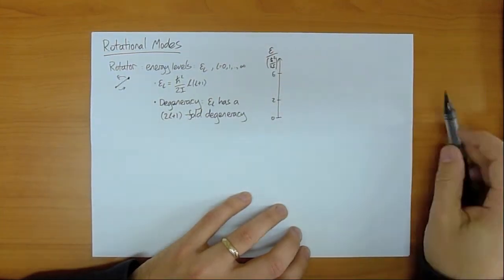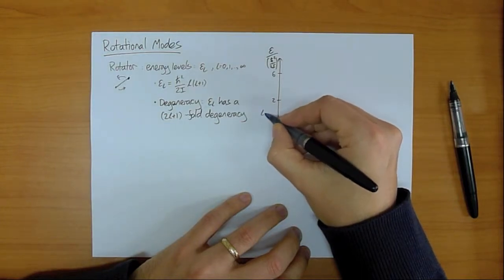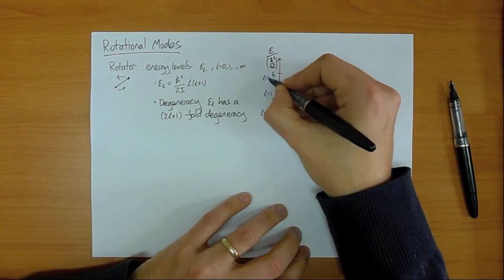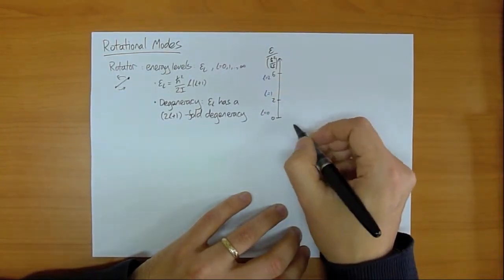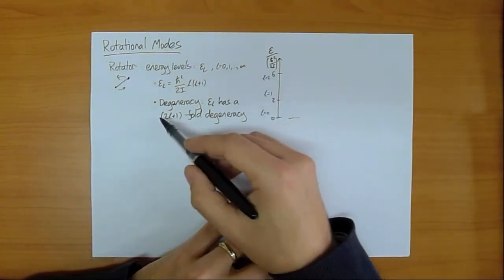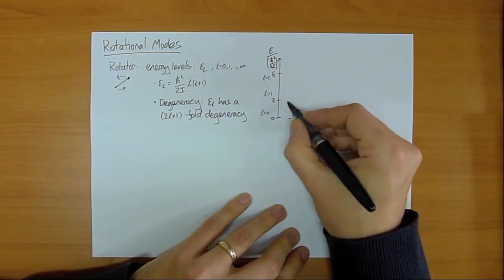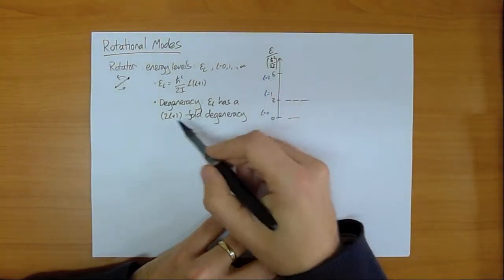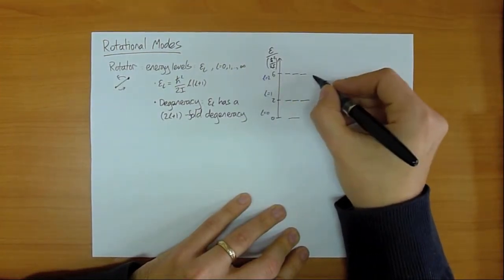So these points correspond to L is 0, L is 1, and up here L is 2. The ground state is non-degenerate, there's just one level there. The state where L equals 1 has a 2L plus 1, that's a 3-fold degeneracy, so there are 3 levels there. When L equals 2, that gives you 5, so you have a 5-fold degeneracy there.